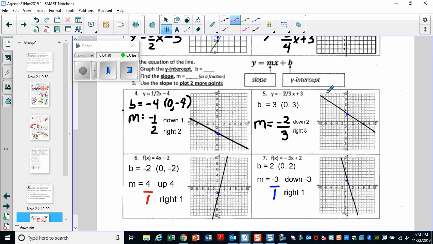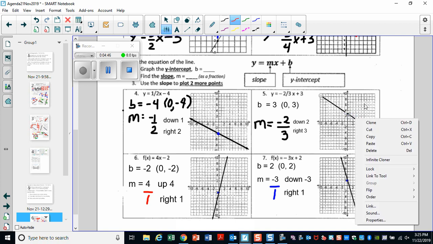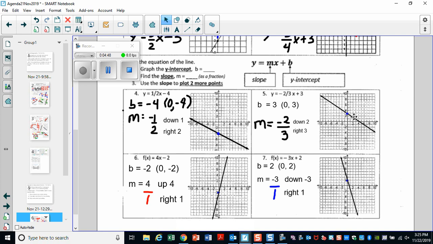Now for number 5, again, 0, 3, that's your starting point. So then our trend, since our slope is -2/3, go down 2, 1, 2, then you go to the right, 1, 2, 3. And then we still follow that trend. Down 2, to the right 3.